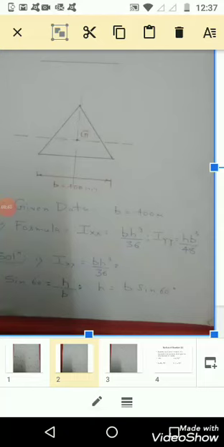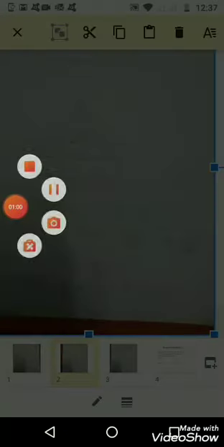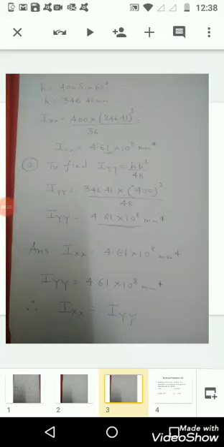Now we have to first find out h over here. H is not given, so sine 60 is equal to h divided by b. H is equal to b sine 60. H is equal to 400 sine of 60. H is equal to 346.41 mm.